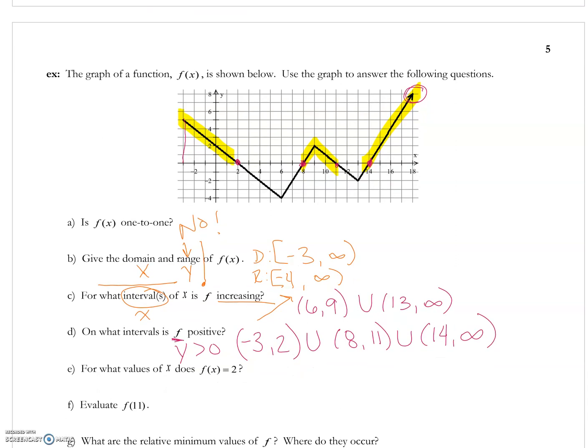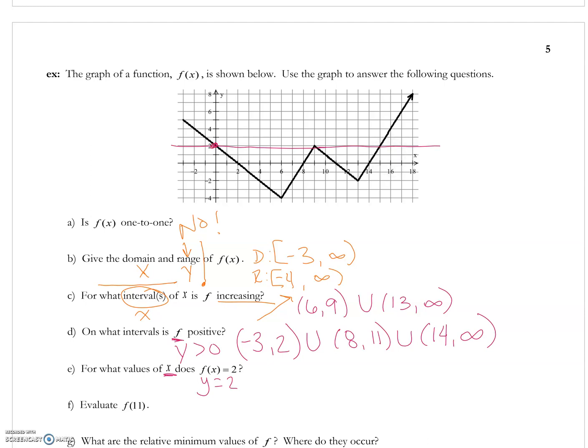Part E, for what values of x does f of x equal 2? So what this is really asking is, what's the x value when y equals 2, just like in our previous example. So if I look at my graph, I go up to the 2 on the y-axis, and I'm going to look all the way across to see any time my function hits that y equals 2 line.